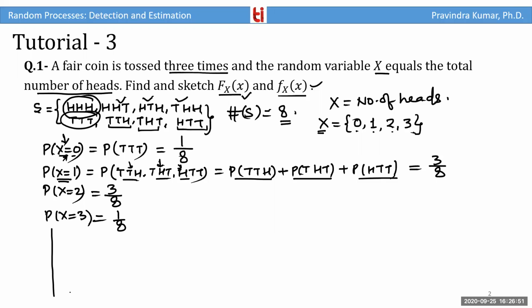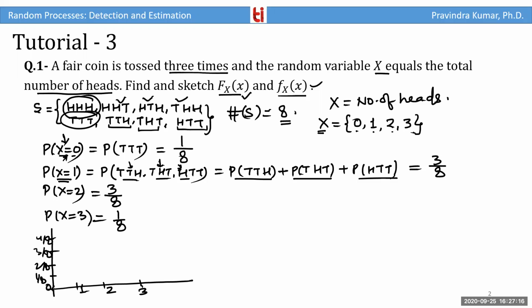So if I consider the PDF here, this is 0, 1, 2, and 3. And the values, if I write, 1 by 8, 2 by 8, 3 by 8, 4 by 8.